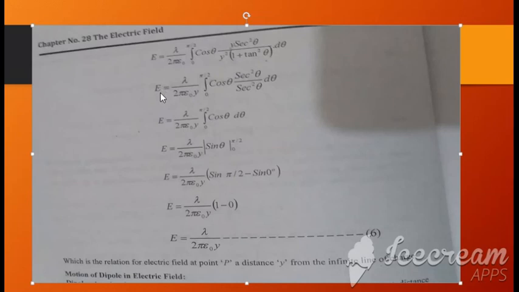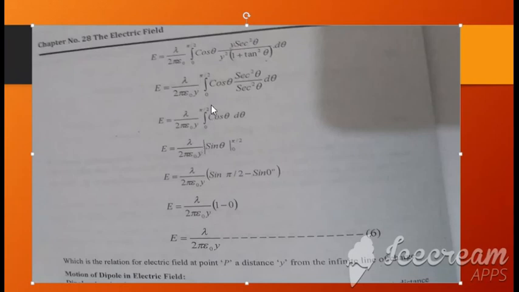Then E is equal to lambda over 2 pi epsilon naught into y with integral limit 0 to pi by 2 cos theta secant square theta divided by secant square theta. Y is cancelled by this square of y and a single y is left here. Then secant square theta will be cancelled by secant square theta, only cos theta will remain there. E is equal to lambda over 2 pi epsilon naught into y.